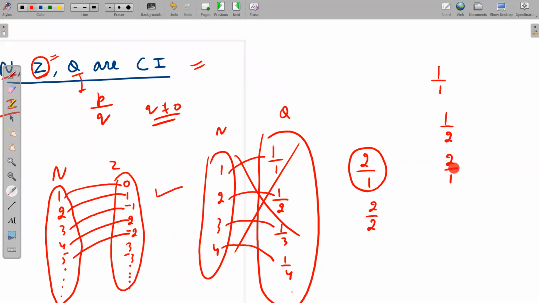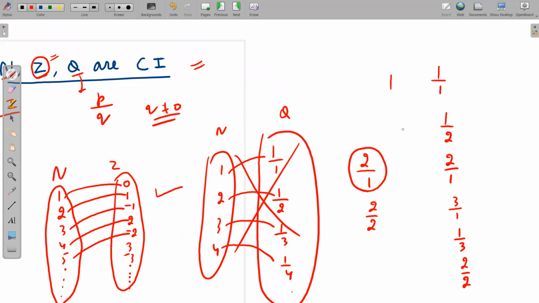See here carefully, the sum is the same. So I will map like this. Next, I will say 3 by 1, 1 by 3, 2 by 2, because the sum is 4, and so on. So I will try to map like this.